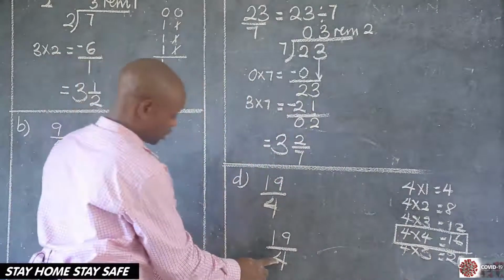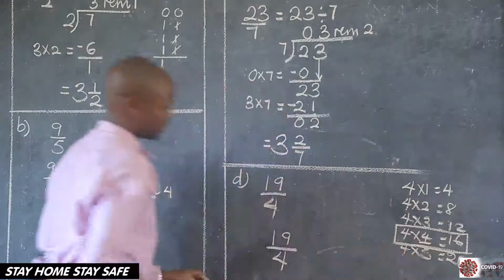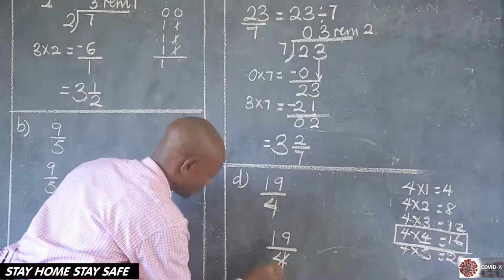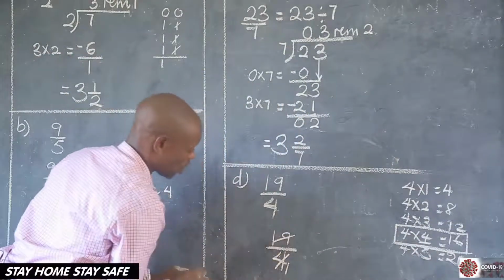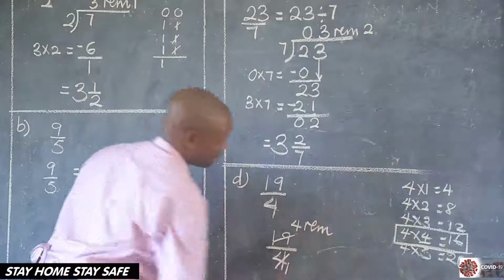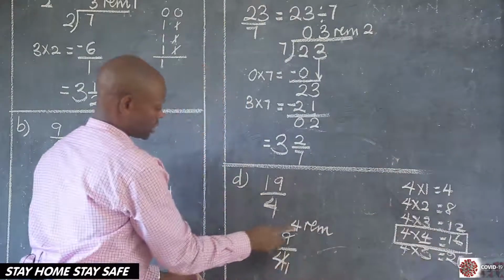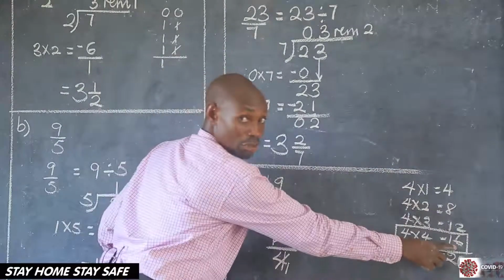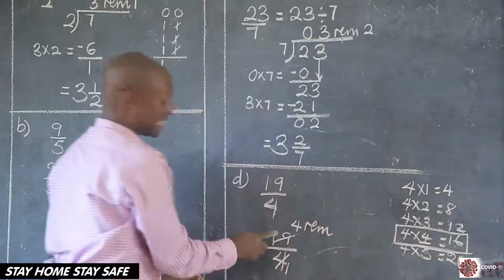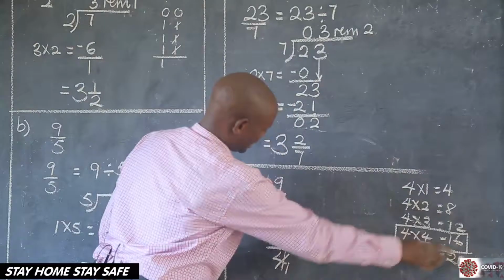So 4 goes into 19 how many times? 4 times. So we shall say by 4 once. By 4, it is 4 times, remainder. Then we look on our table. When you take 4, it will stop on 16. And yet we have 19. So what do we add on 16 to get 19?